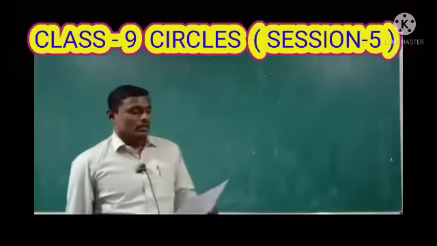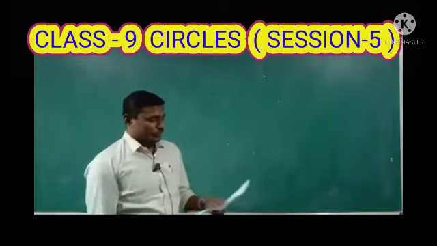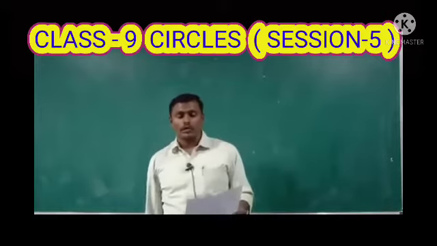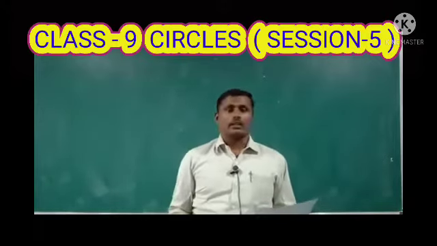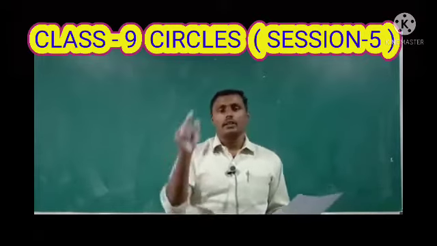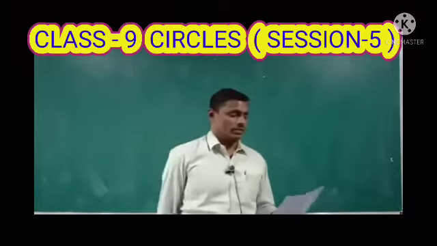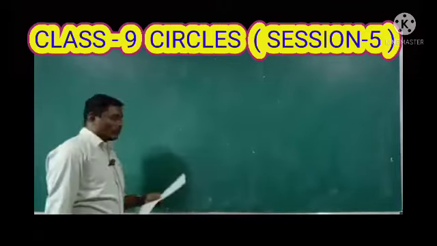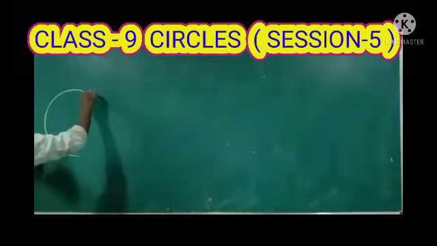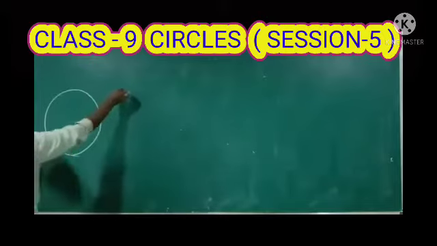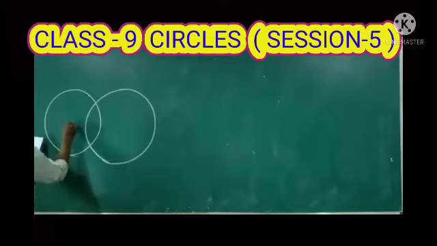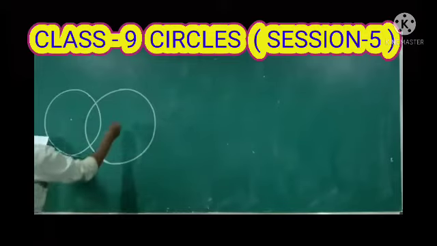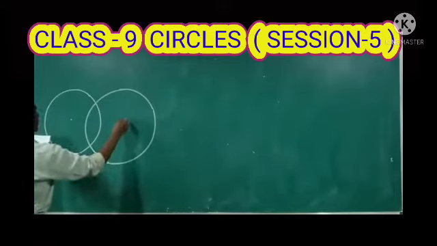O1 and O2, these are the two centers of the circles, or you can also consider them as O and O dash, the centers of the two circles. So draw here two circles with centers. What are the centers of the circles?